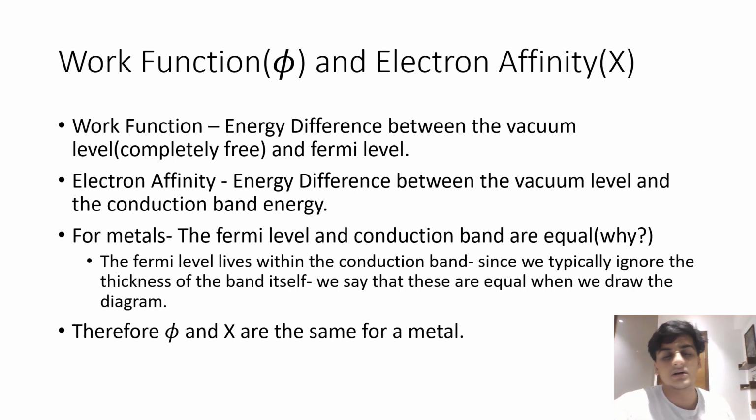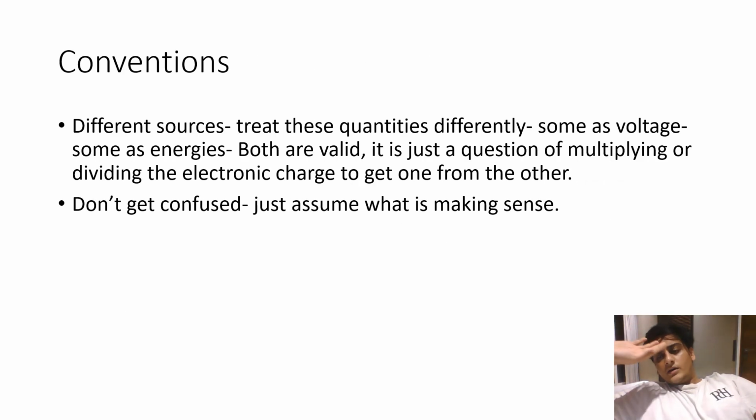This is just some stuff I wanted to cover regarding these two terms. I just want to avoid confusion. Conventionally, different sources have treated work functions and electron affinities interchangeably, sometimes as voltages and sometimes as energy. You might have the work function of a metal represented as 3.5 volts, or as 3.5 electron volts.